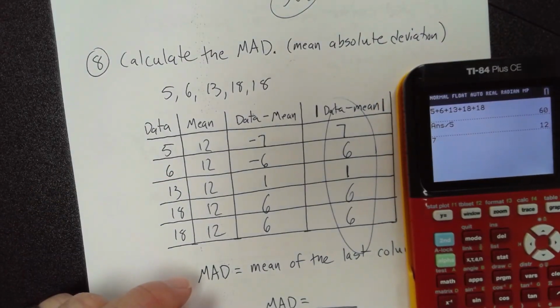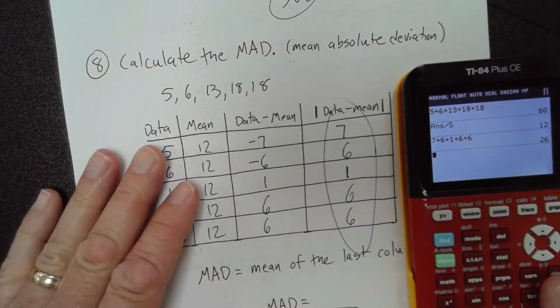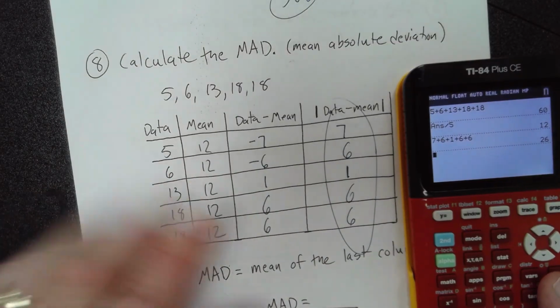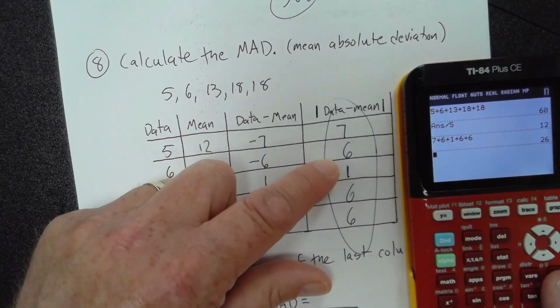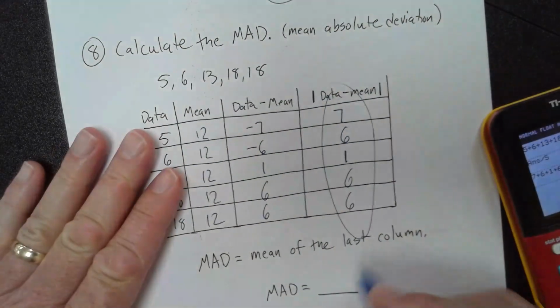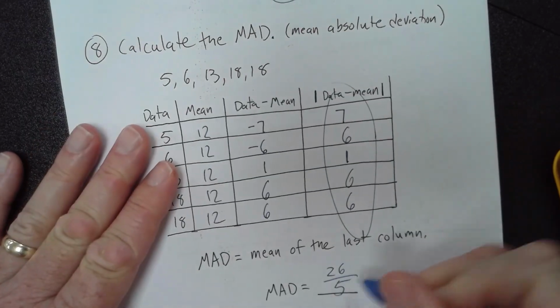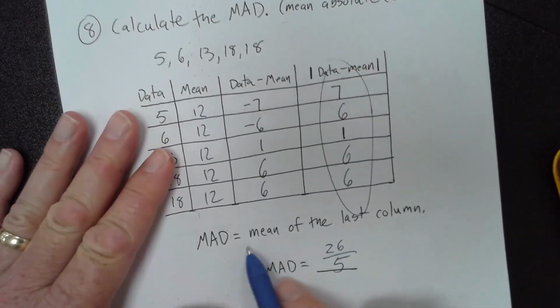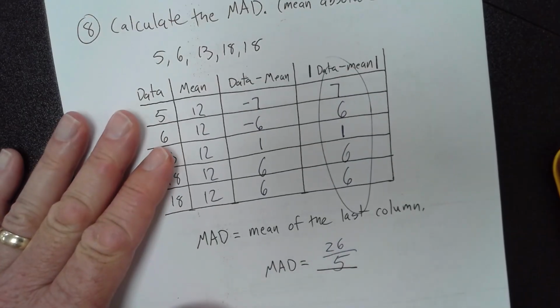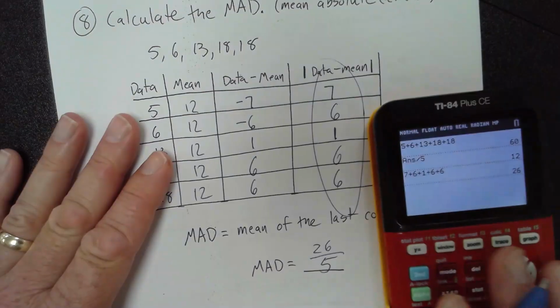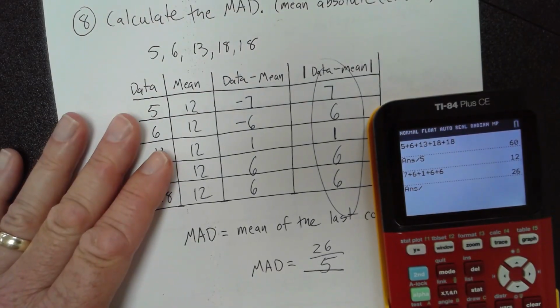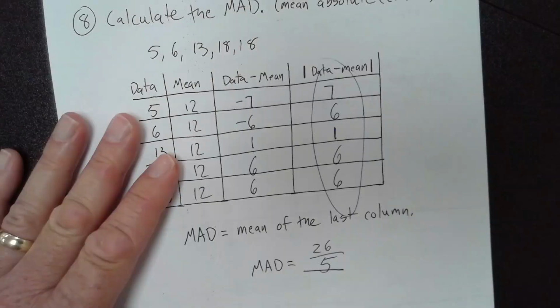So it's 7 plus 6 plus 1 plus 6 plus 6 equals 26. Uh-oh, did I miss a number? 7, 6, 1, 6, 6 is 26. So the MAD is 26 divided by 5, because there's 5. The MAD is the mean of the last column. So 26 divided by 5 is 5.2.